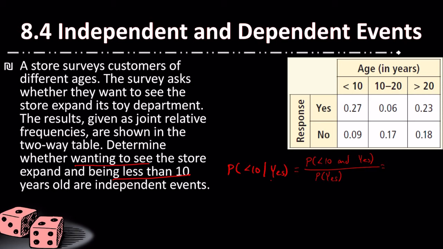All right, so less than 10 and yes is 0.27. Just the yeses in total are 0.27, 0.06, and 0.23. It's 0.27 over 0.56.